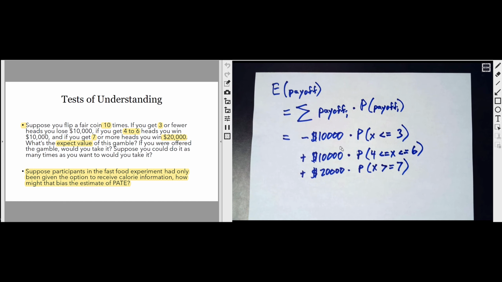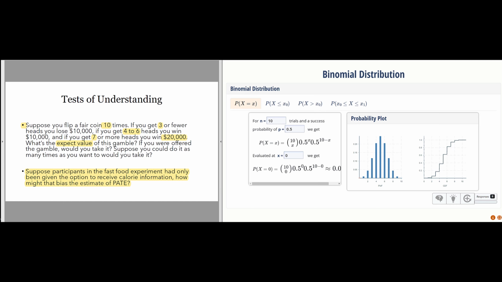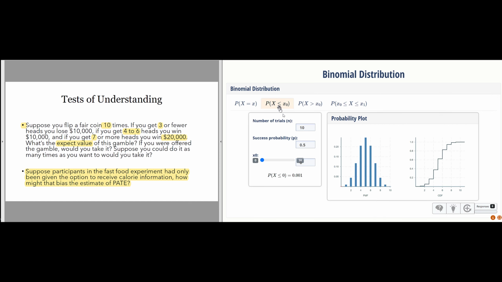All right, so here's my binomial distribution widget, and the number of trials is 10. The probability of success, the probability of getting a head, is 0.5. For our first thing, we want to compute the probability of having less than or equal to 3 heads.